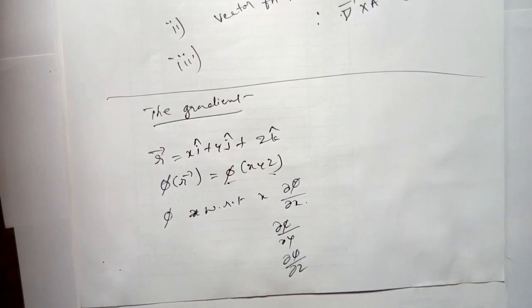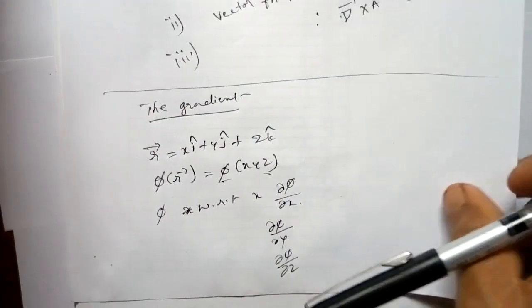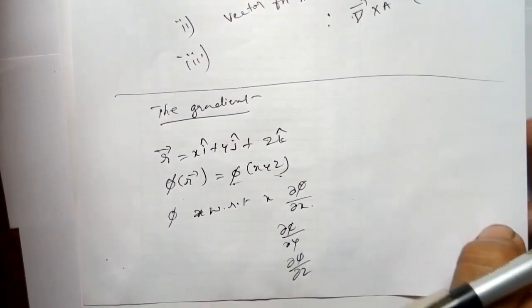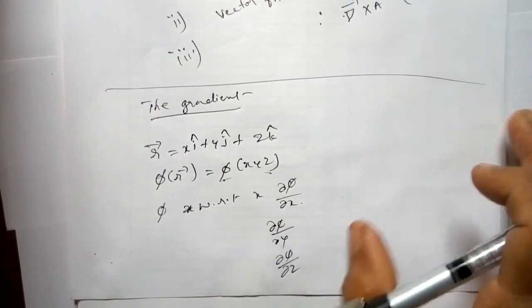So we have three partial derivatives: dou phi by dou x, dou phi by dou y, dou phi by dou z. We can construct at every point a space vector whose components along the x, y, z directions are these derivatives.